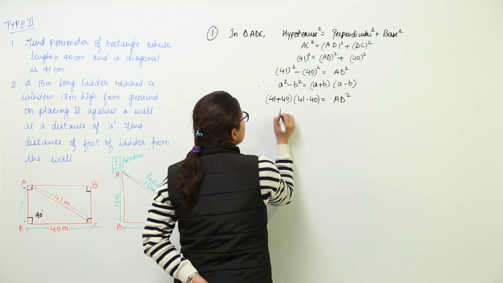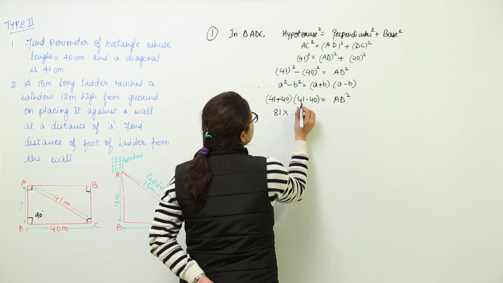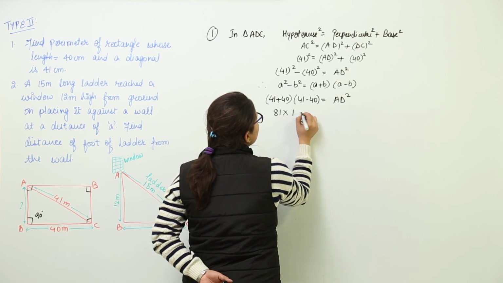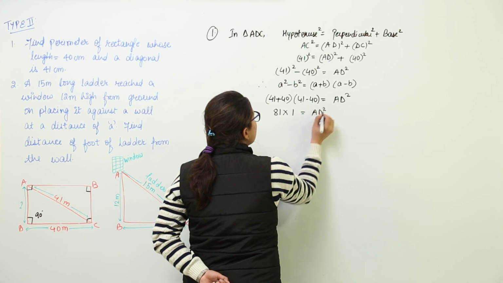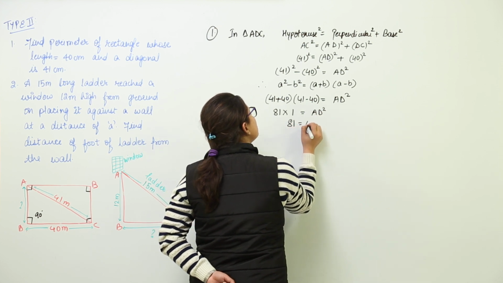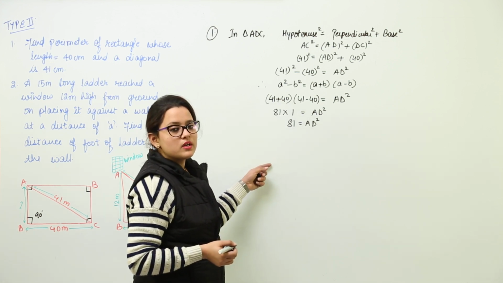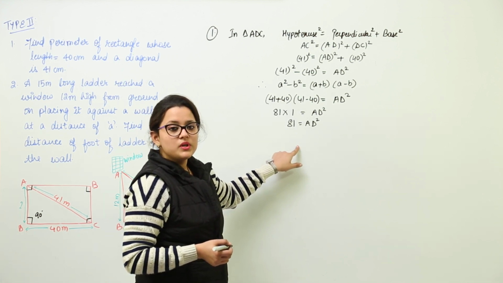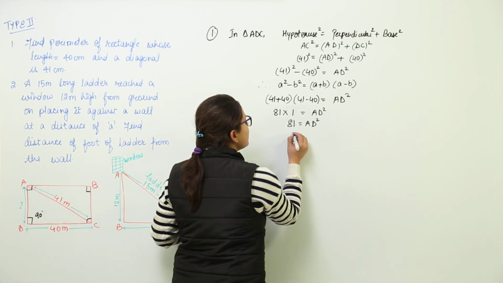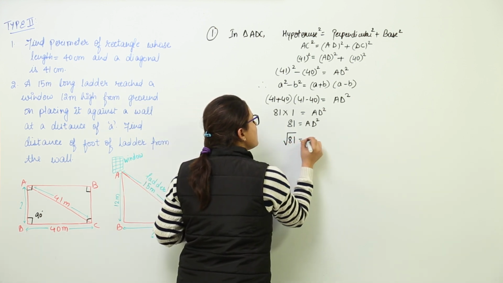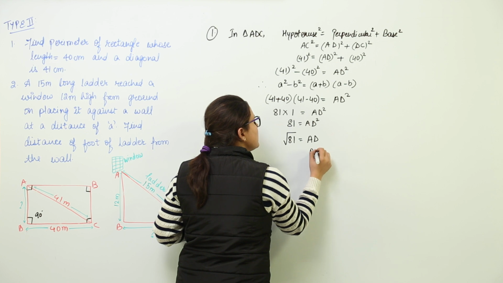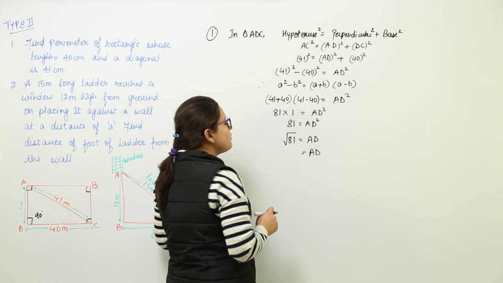Now, by adding them up, we get 81 multiplied with, you subtract them, you get 1, and you get AD square as this. So, 81 is equal to AD square, but we had to find out AD only, not AD square. So, how to get rid of this square? We take the square root to the other side, and we get AD. So, now AD comes out to be, what is the square root of 81?